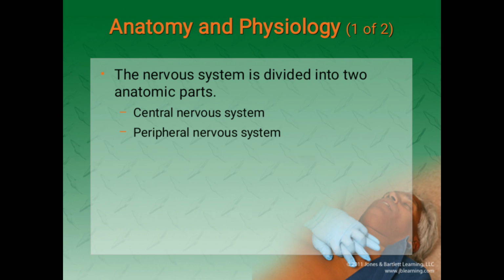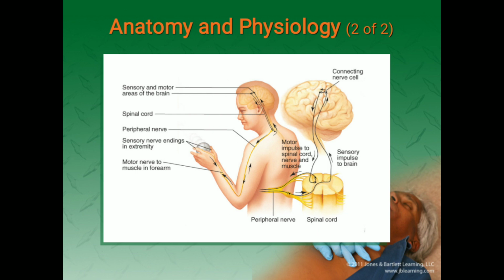If we talk about the anatomic parts of the nervous system, it has two parts. The first one is the central nervous system, abbreviated CNS, and the second component is the peripheral nervous system, also abbreviated PNS.